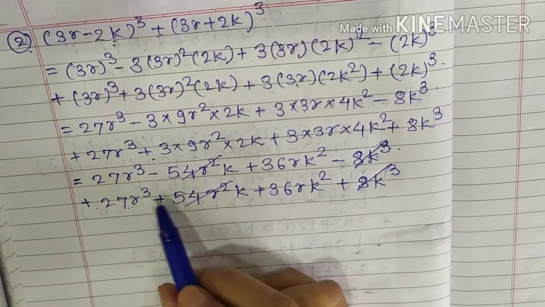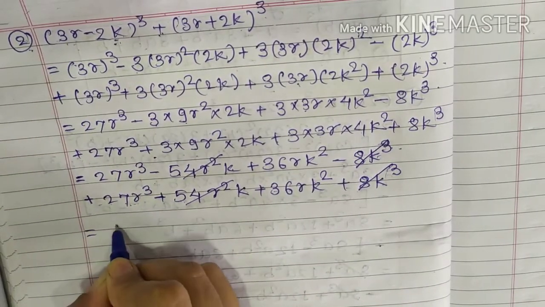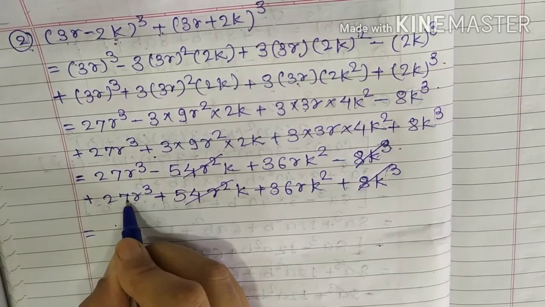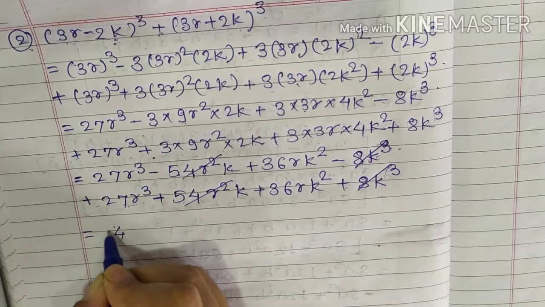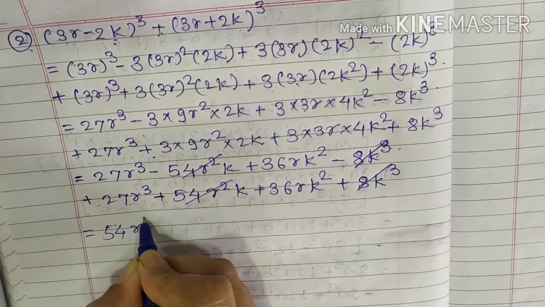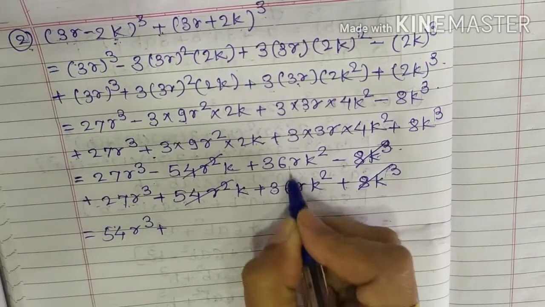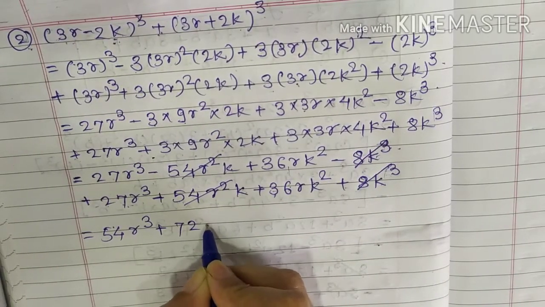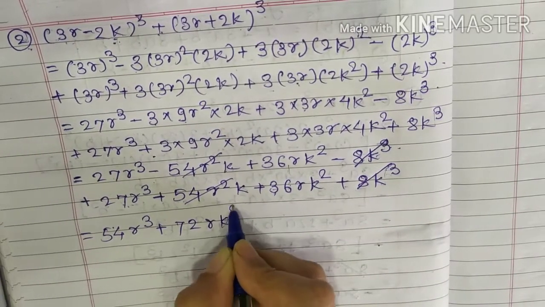So make the addition of these two terms. 27 plus 27, 54r cube, plus 36 plus 36, 72r k square.